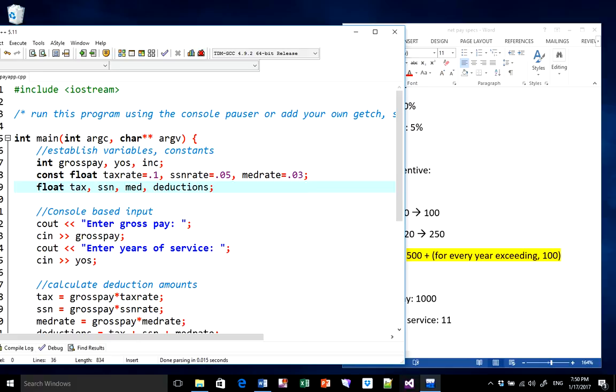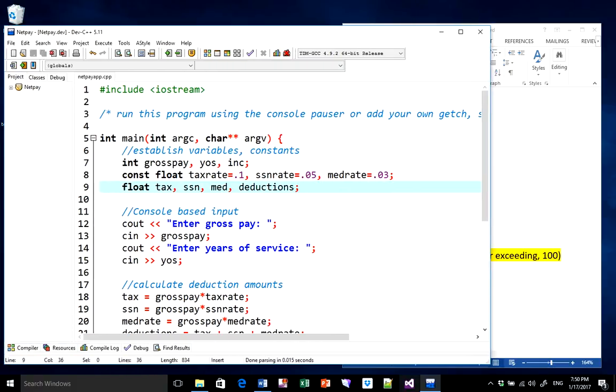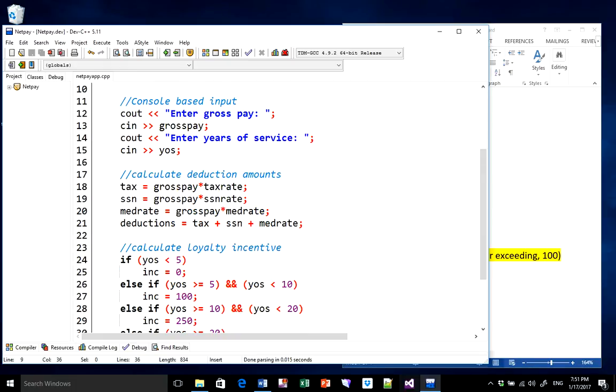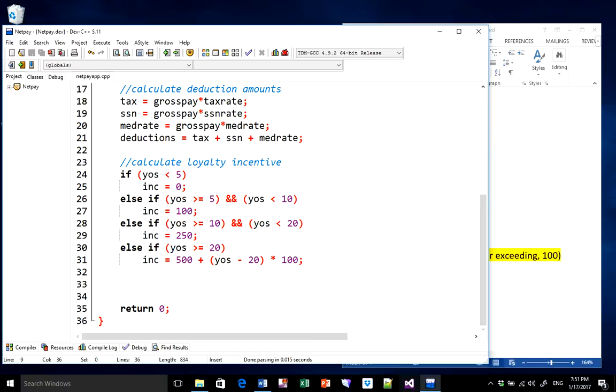Deductions, and the next thing now is net pay, right? Net pay equals gross pay minus deductions, very good, calculate.